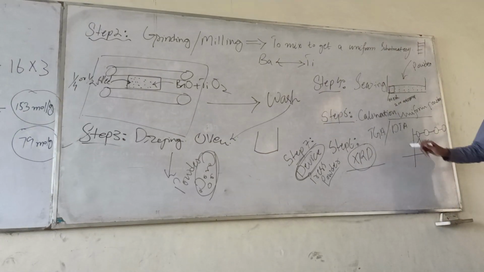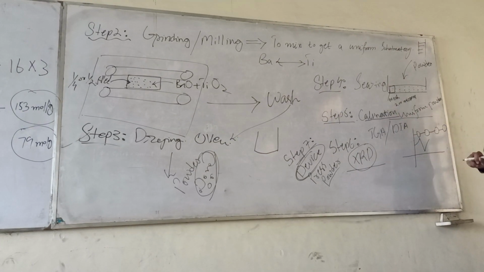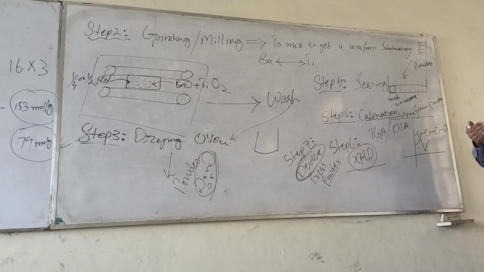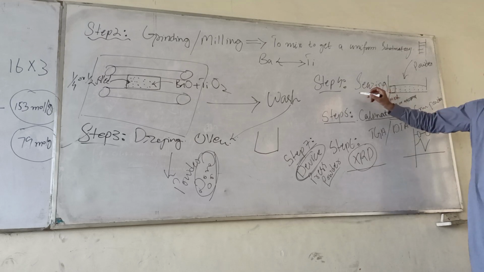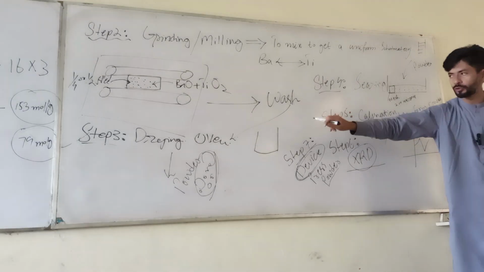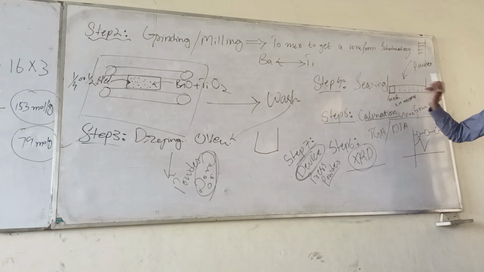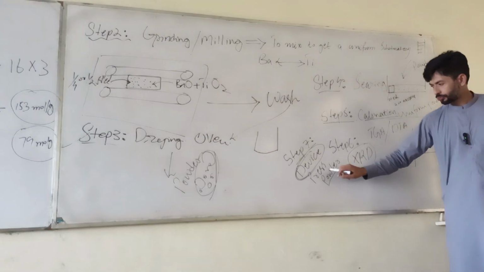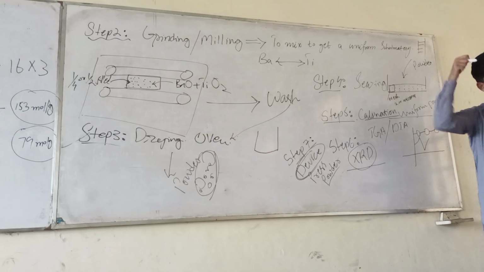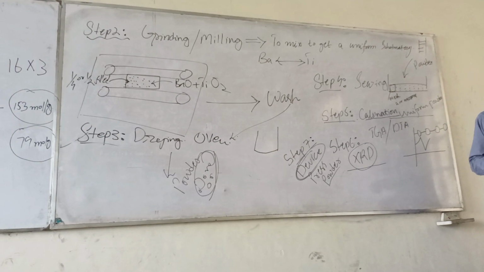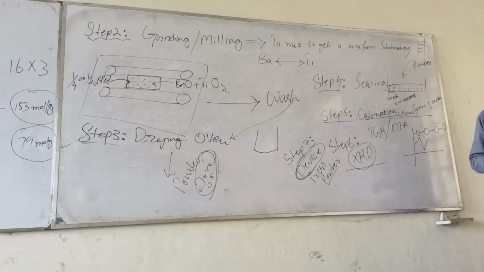Yes, sir. The drying one is in the oven, and this one is in the furnace. Okay? So here, press the powder in the pellet presser, and at the end you will get some kind of tablets.